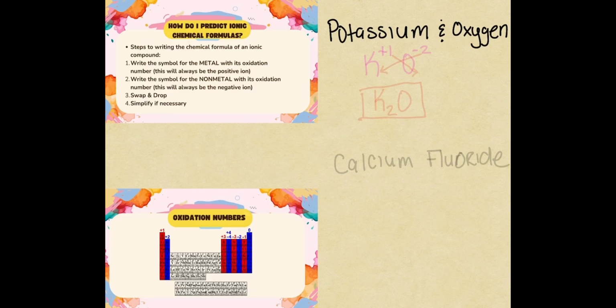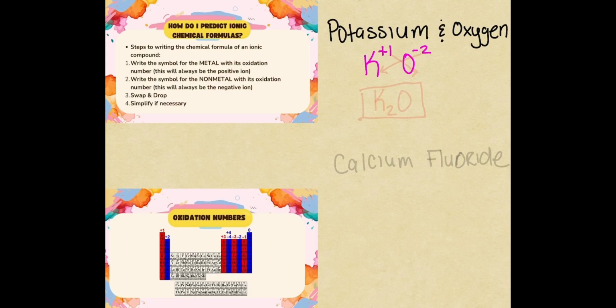And then I'm going to start off by writing the symbol for my metal, which for potassium, my symbol is K. Please make sure that you're looking at your periodic table and identifying which symbol matches the element, because some people write P for potassium and P is not the symbol for potassium. So make sure that you're paying attention to that, okay? The oxidation number for potassium is +1. It is in group 1. And then for oxygen, the symbol is O. And then the oxidation number for oxygen is -2.